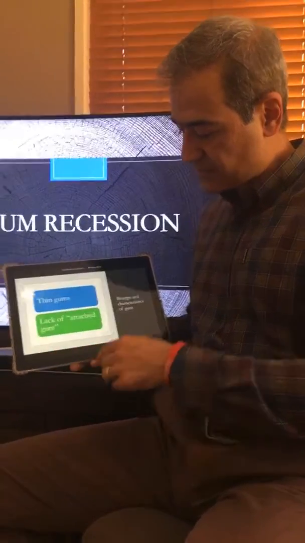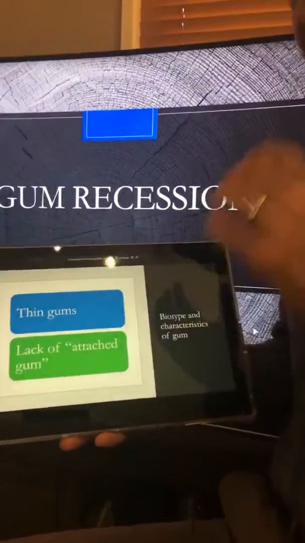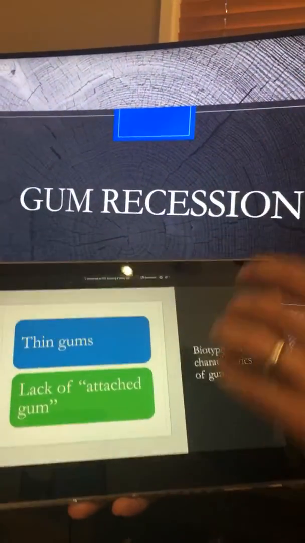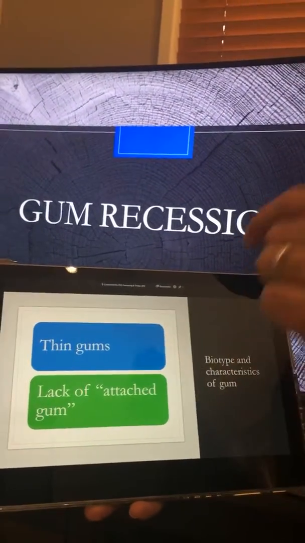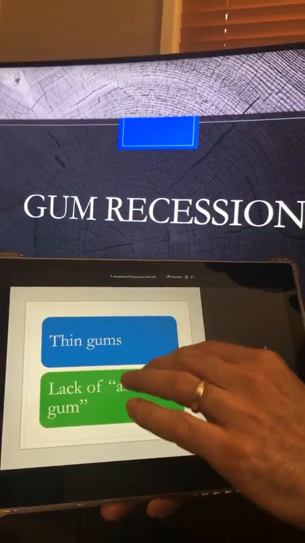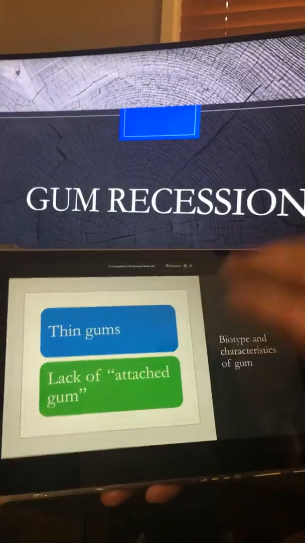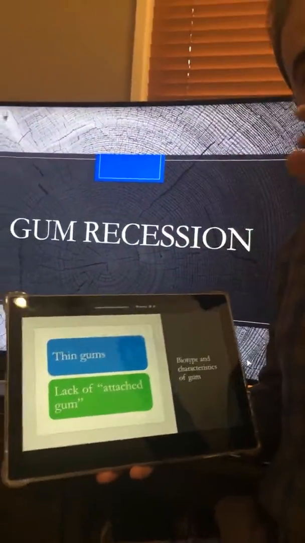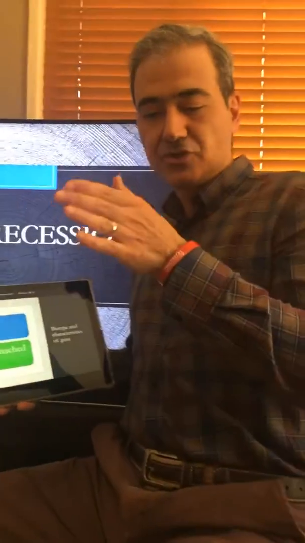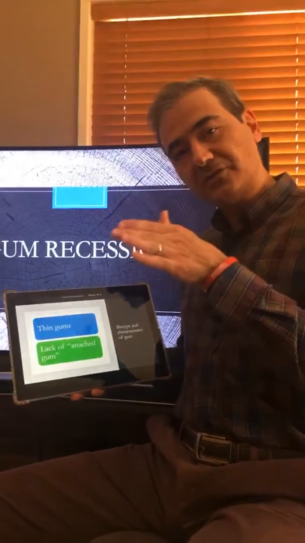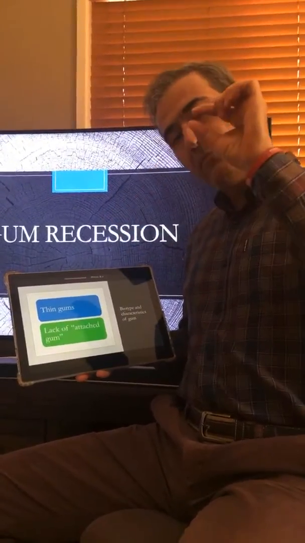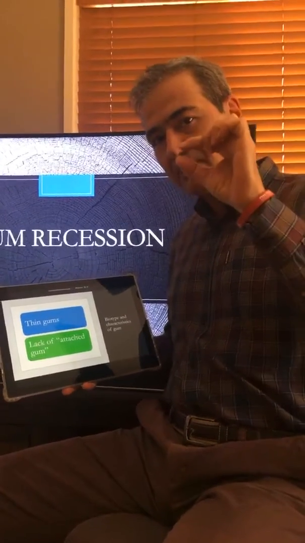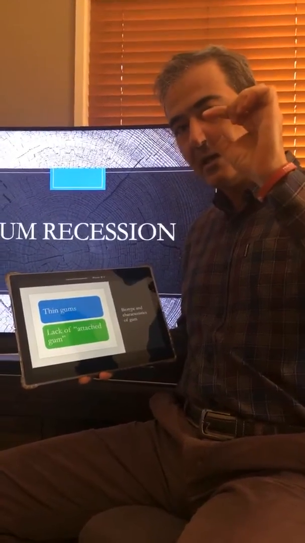And the last one is the type of the gum. For some people, the gums are quite thin, or there could be a lack of attached gum, because the gum around the teeth normally should be attached very firmly to the neck of the teeth. In some people, the width of this attached gum is really deficient.